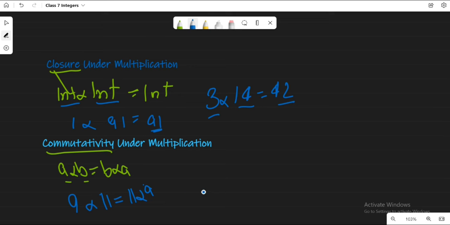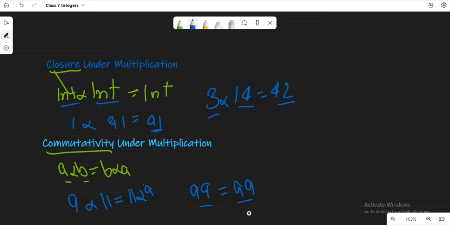So 9 times 11 is equal to 99, and 11 times 9 is also equal to 99. So 99 is equal to 99.